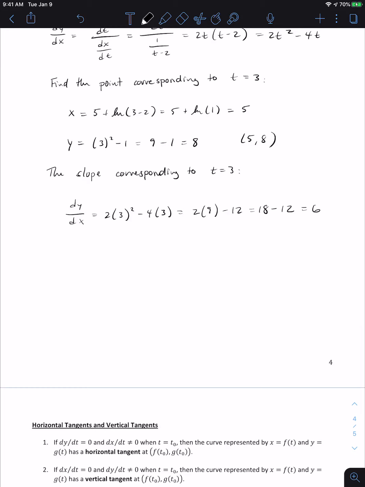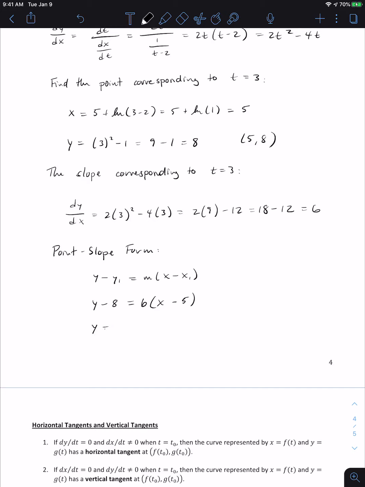So I have my slope and I have my point, right? Point-slope form is how we're going to write this equation of a line. Remember, in general, this is y minus y1 equals m times (x minus x1), where x1 and y1 are my point and m is my slope. So I get y minus 8, because I found my point to be (5, 8), equals my slope 6 times (x minus 5).